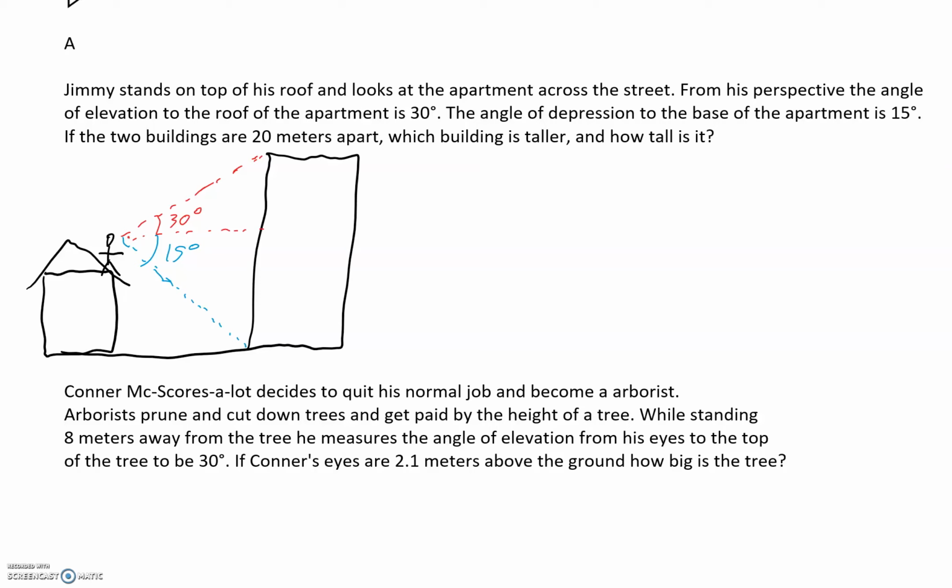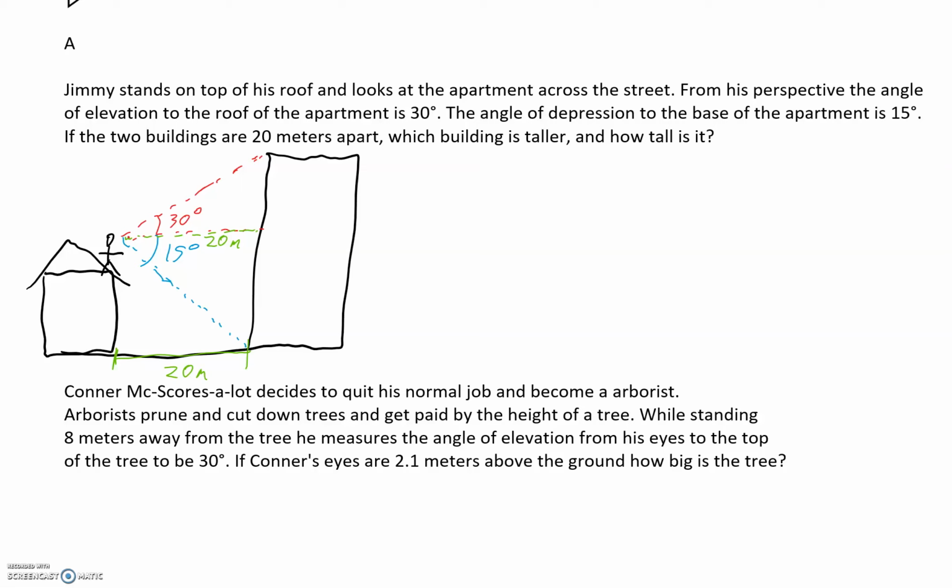And if the buildings are 20 meters apart, well, that tells you the distance from here to here is 20 meters, which is also the distance in here is 20 meters. Okay, which building is taller and how tall is it? Well, you can tell by my drawing already, but it's got to be the apartment building is taller. And how tall is it?